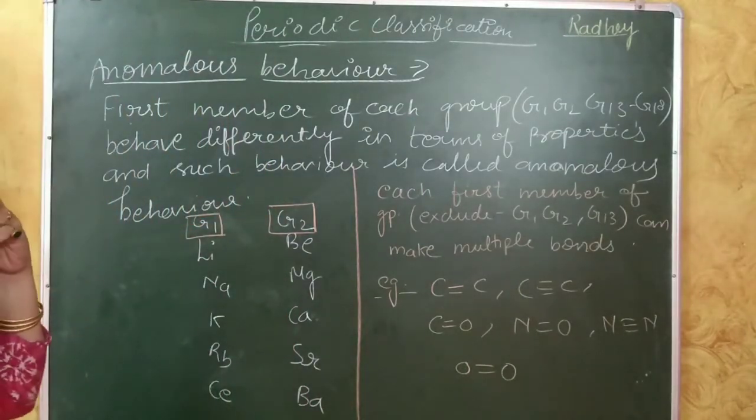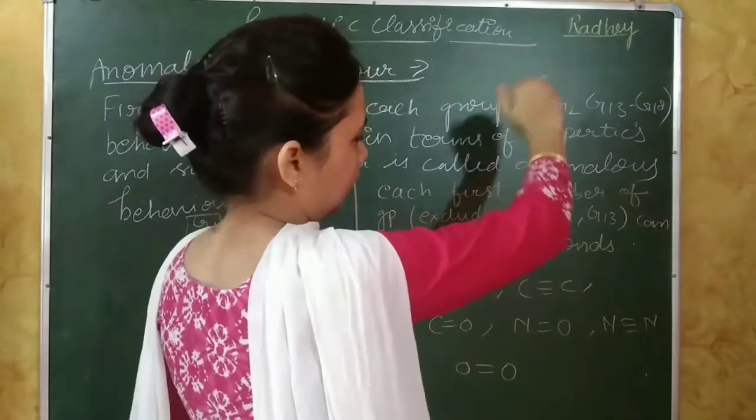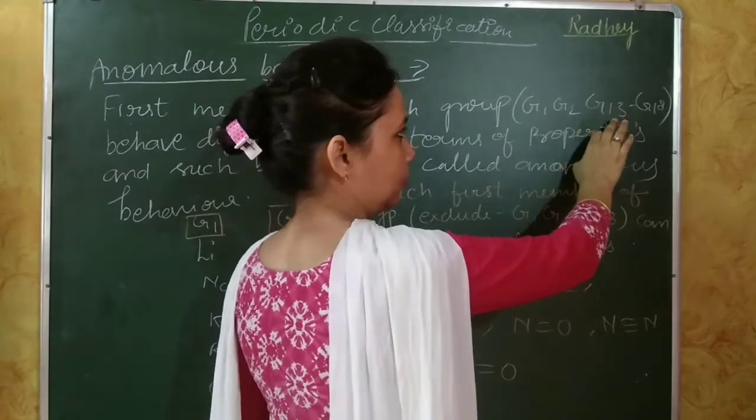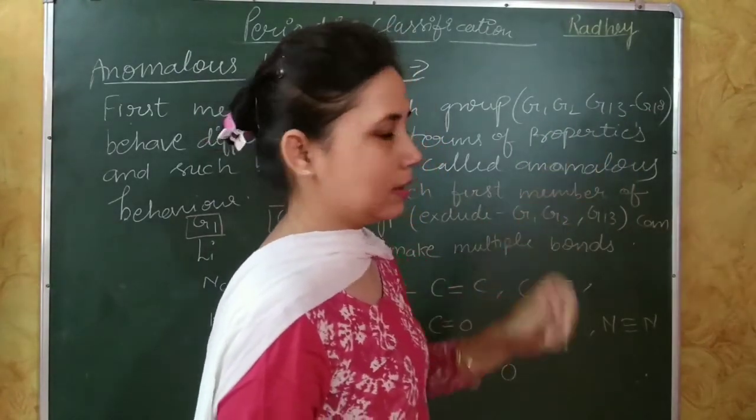Look here, we have group 1, group 2 and then group 13 to group 18. These elements show such behaviors.